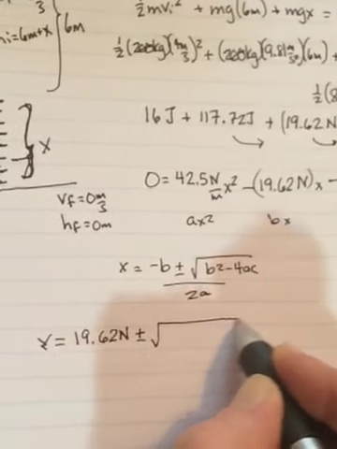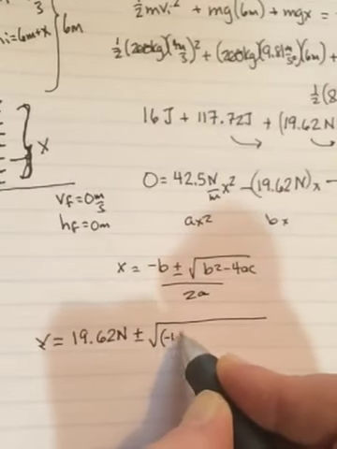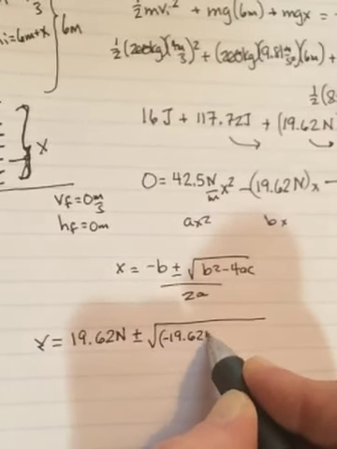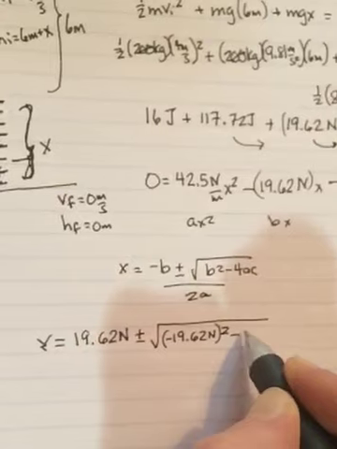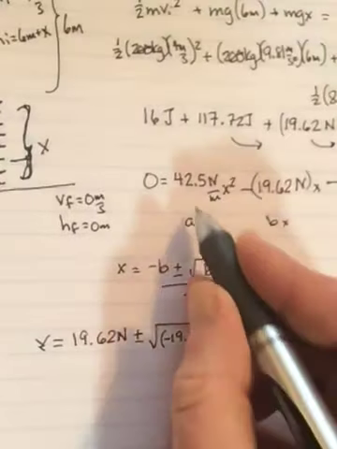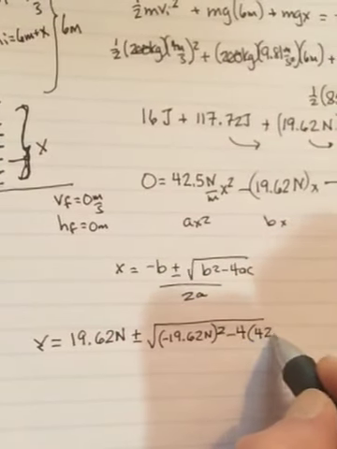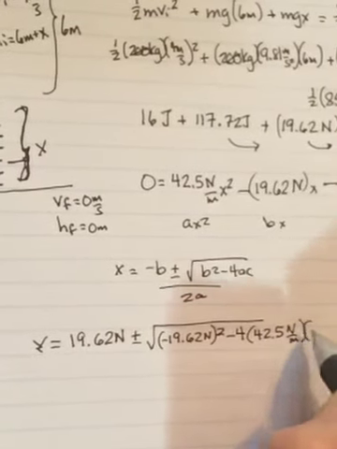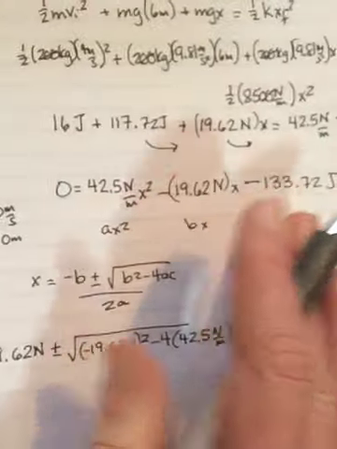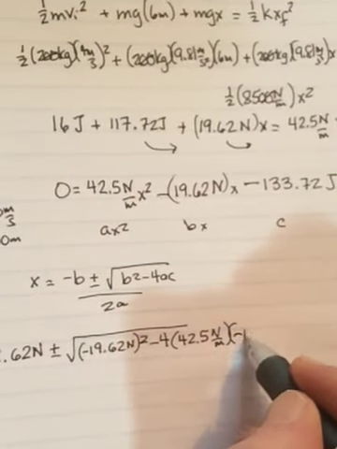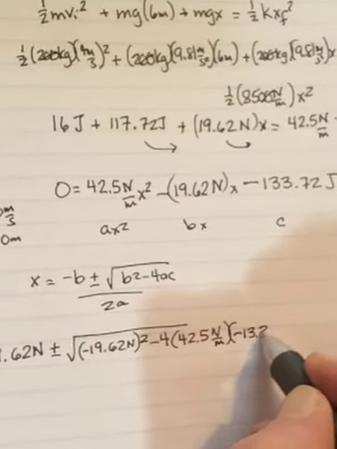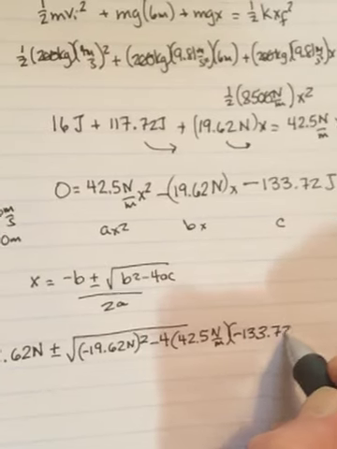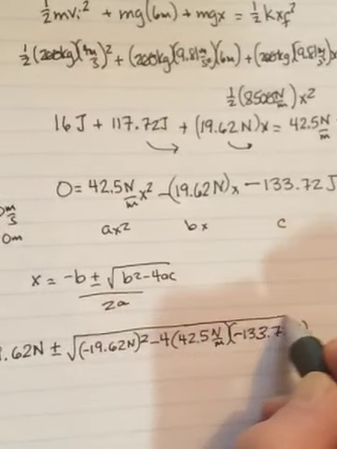Plus or minus square root negative 19.62 newtons squared minus 4a is 42.5 newtons per meter. C was negative 133.72 joules.